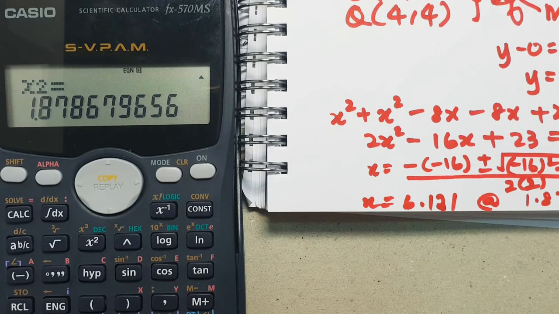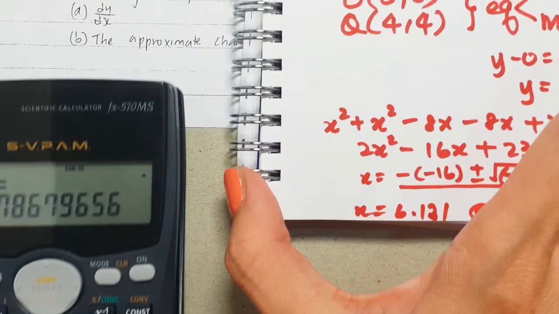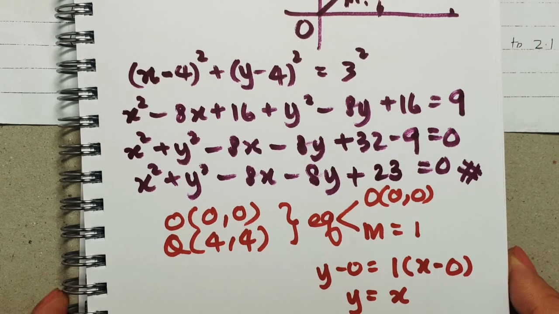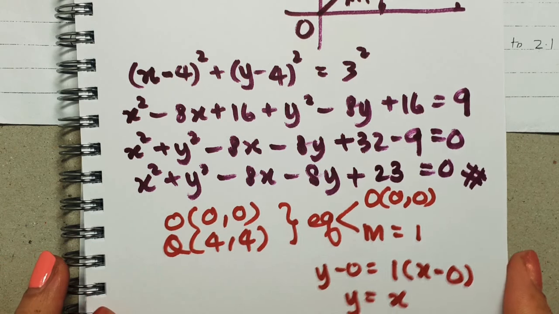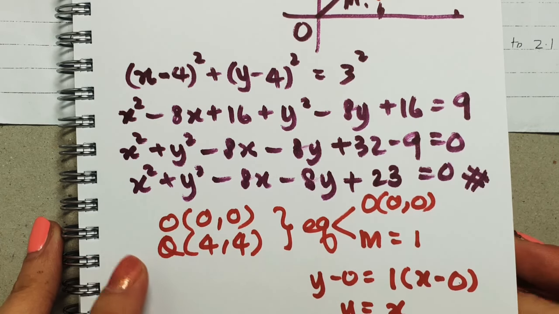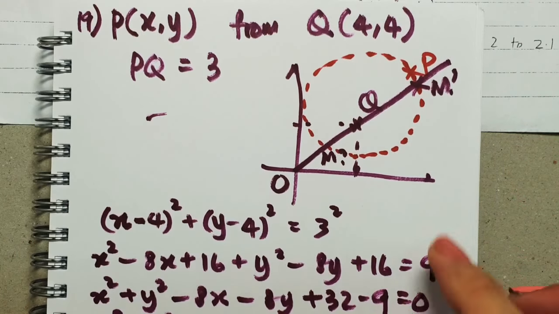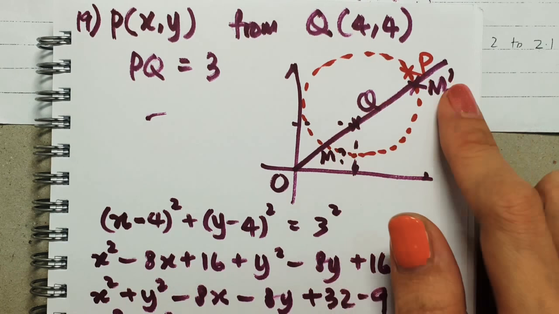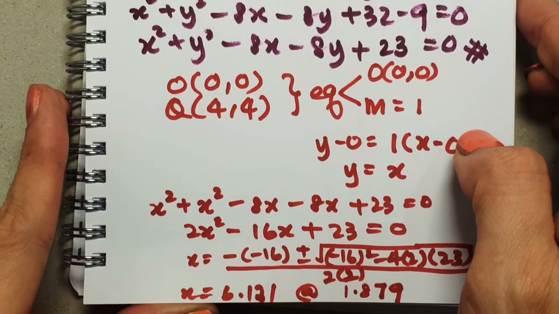Next, we need to find the distance between O and M. Since M is along y equals x, for the coordinates of M, it's either here or here, and the x and y values will be the same.